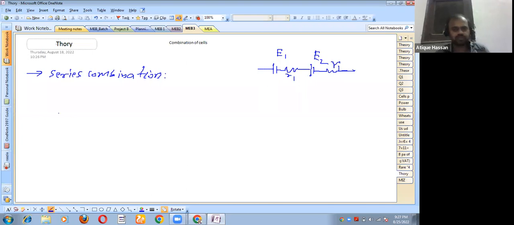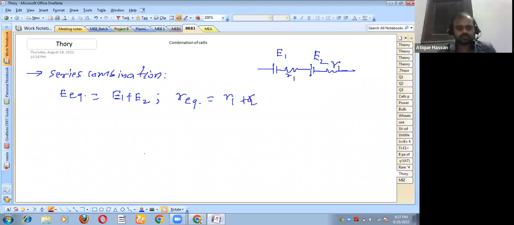So for series combination, what happens? E equivalent is given by E1 plus E2, and equivalent resistance is R1 plus R2. This is the formula for equivalent EMF of series combination.